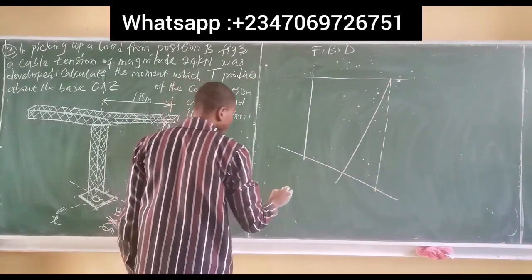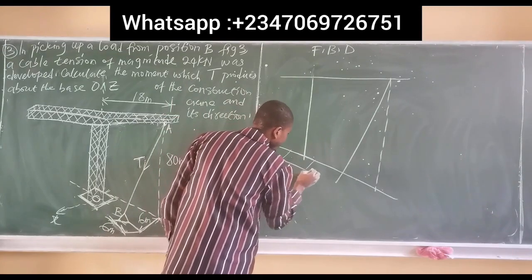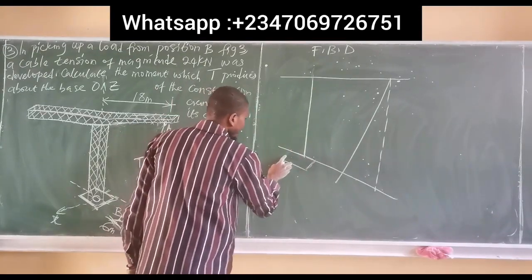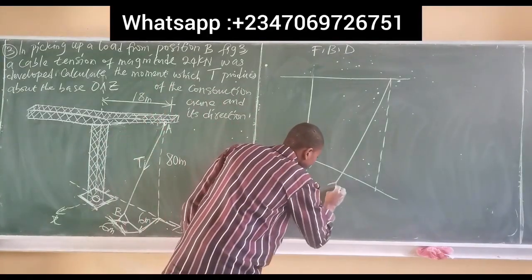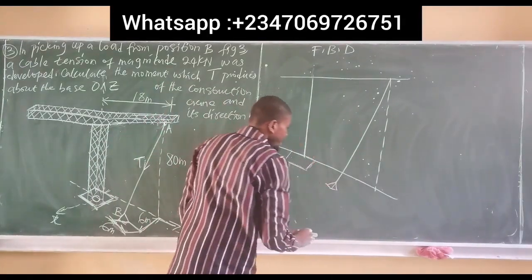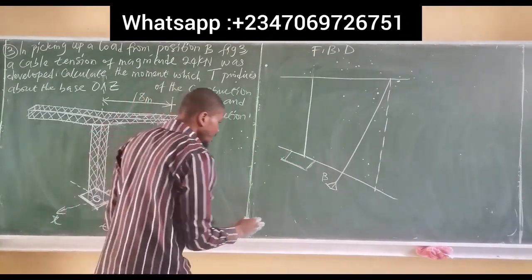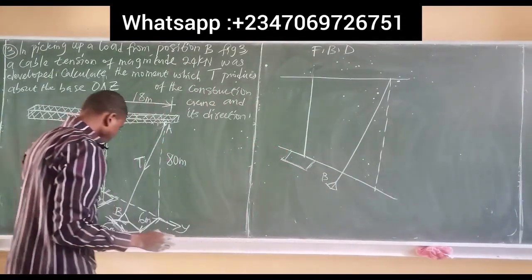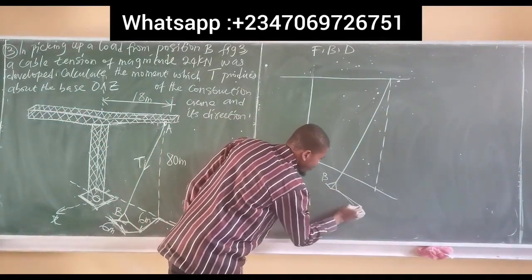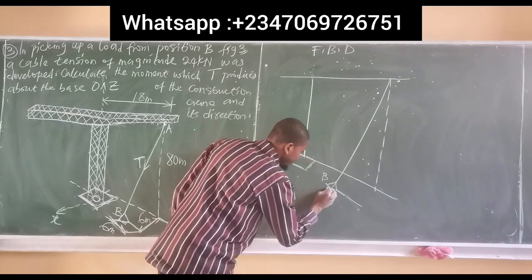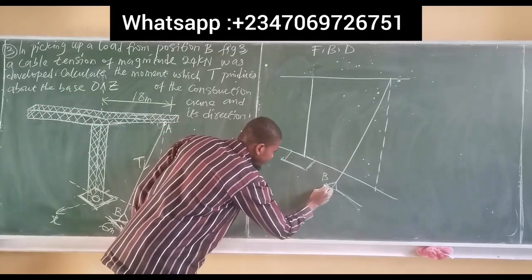So you might want to do this if you wish. Not really important. All right, so you have this at point B. Okay, not forgetting distance here. You have something like this.